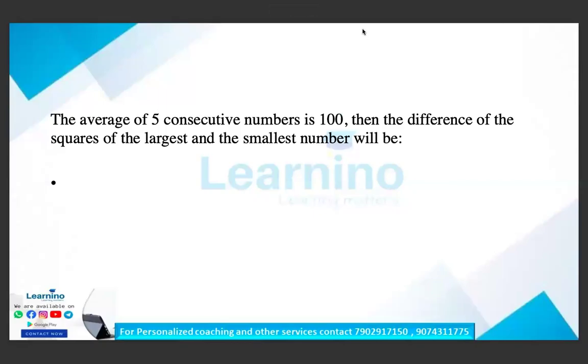Average of 5 consecutive numbers is 100. Then the difference of the squares of the largest and the smallest numbers will be?